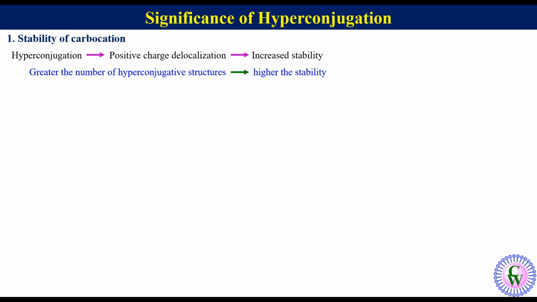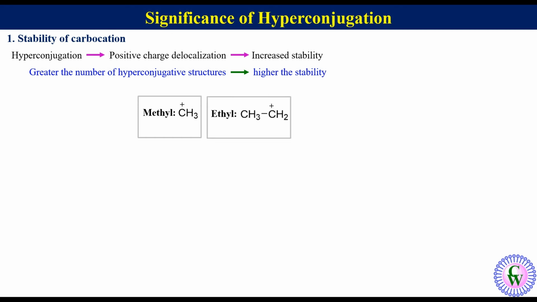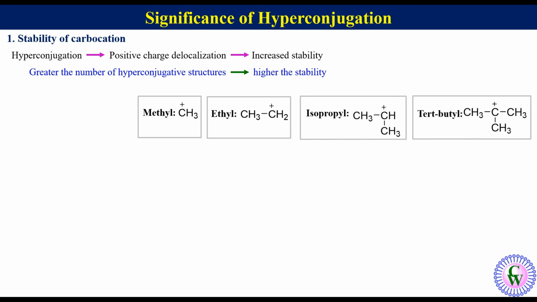For example, among methyl, ethyl, isopropyl and tert-butyl carbocations, the number of hyperconjugative structures is 0, 3, 6 and 9 respectively, as they have 0, 3, 6 and 9 alpha hydrogens.